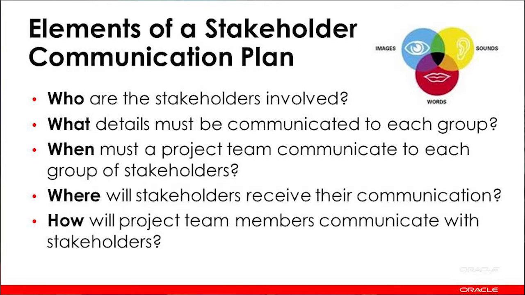Some require daily attention, some weekly, some monthly. That you need to determine as well. We talked about when stakeholders are supposed to receive their communication. Is it a single channel or multiple channels? Think about that interaction as well, as opposed to, once again, just doing.